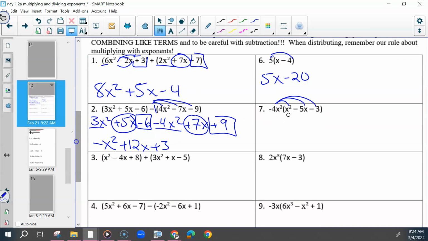Negative 4x squared times x squared would give us x to the power of 4, because we're adding the exponents. Negative 4x squared times negative 5x, positive 20x to the third, because there's an invisible exponent of 1. And then negative 4x squared times negative 3 gives x to the second power.